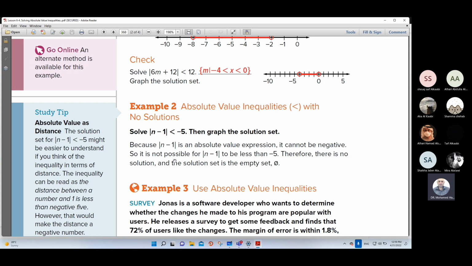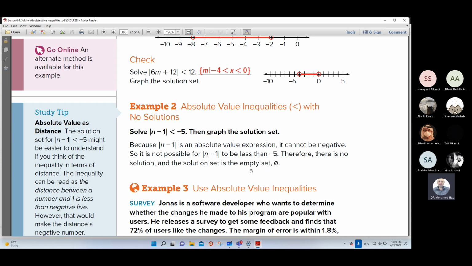So it is not possible for the absolute value of n minus 1 to be less than -5. So this is not correct. So therefore, there is no solution, and the solution set is the empty set.